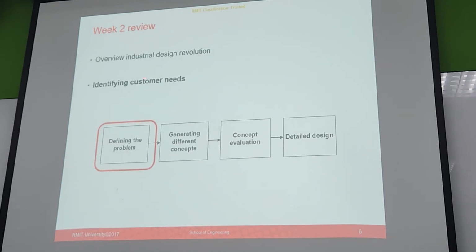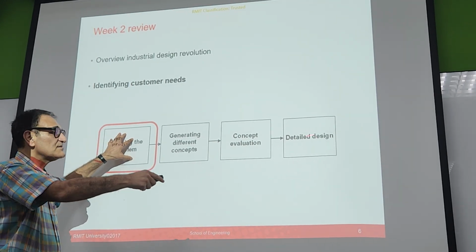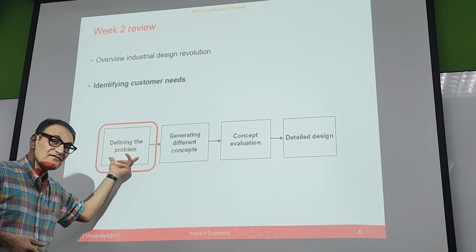Another subject, if you remember, we discussed identifying customer needs. Why do I show you? Because I like to summarize for you again and again and again. You understand why I'm talking about the different parts. Another thing is identifying customer needs. The first thing in customer needs is to identify the problem.